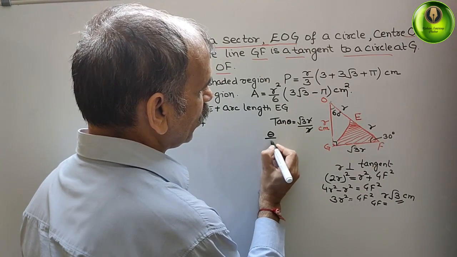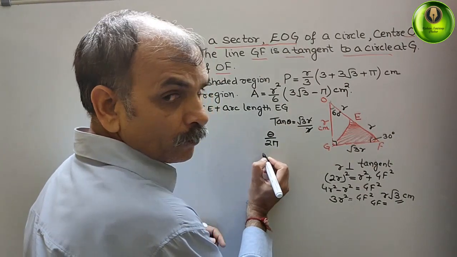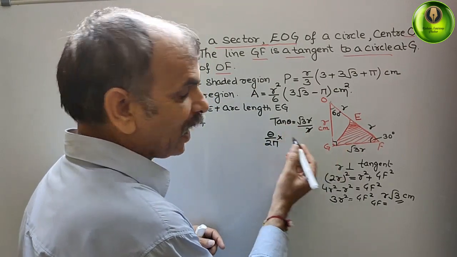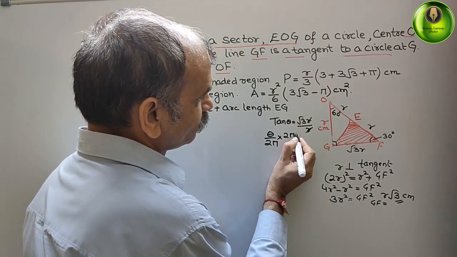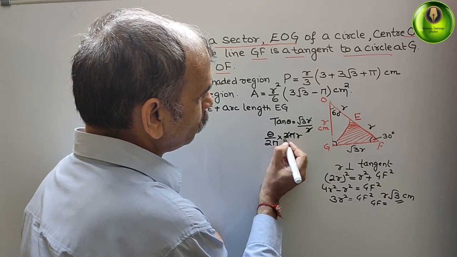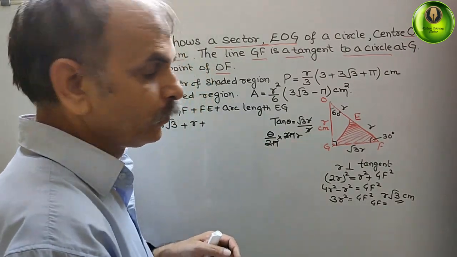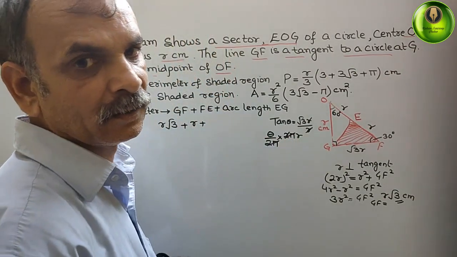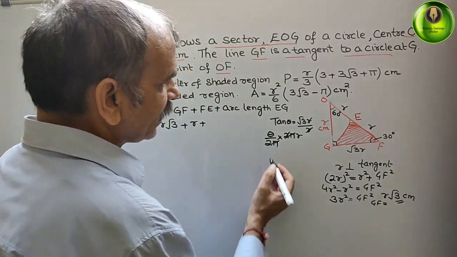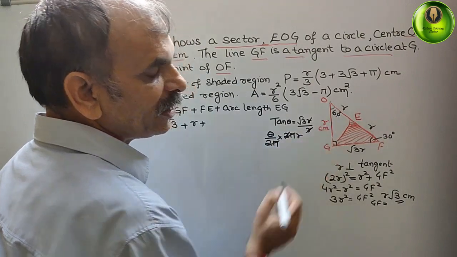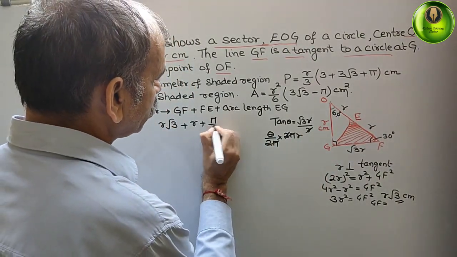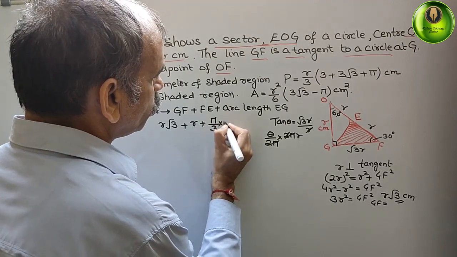So now 2 pi is gone, so here comes theta and r. Theta is 60 degrees, that means pi by 3. So now it will come pi by 3 into r.